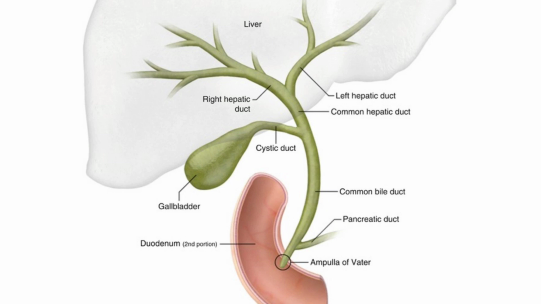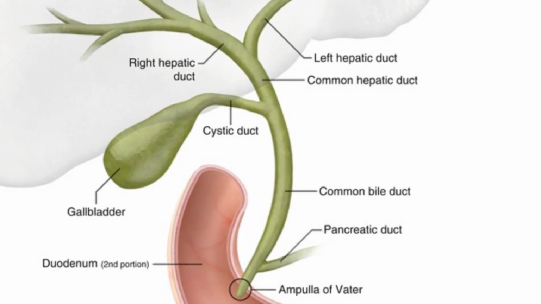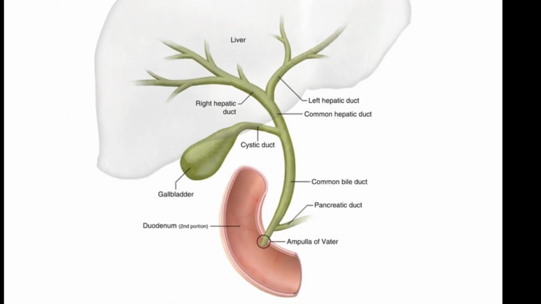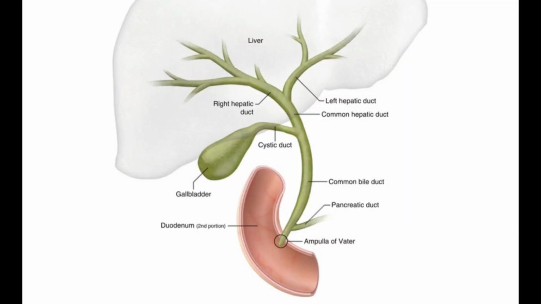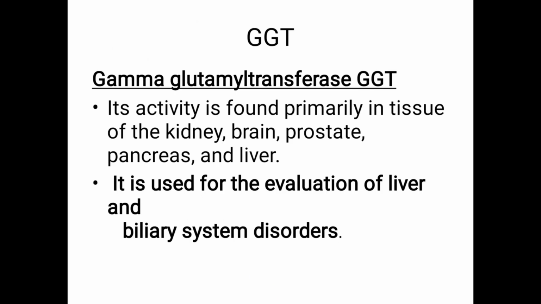So this is actually a flow system, the flow of bile. The gallbladder is also involved, so remember this. I put this slide just to show it, so no need to go into much detail again.